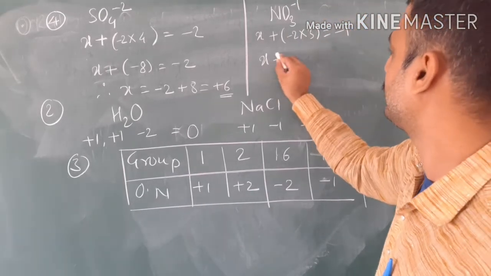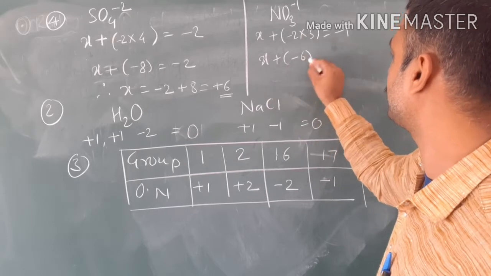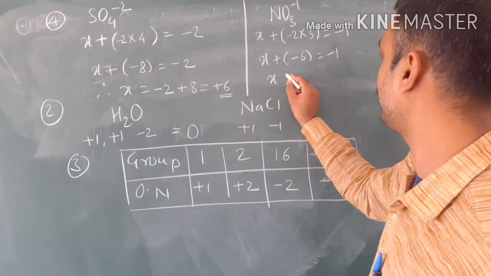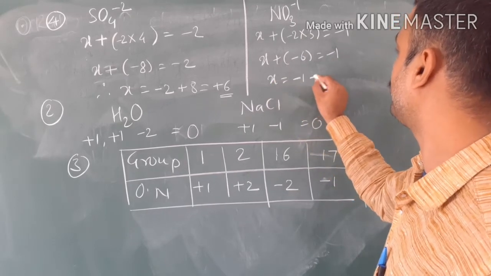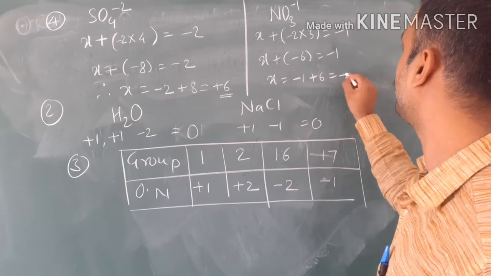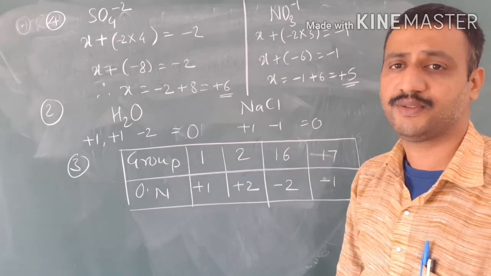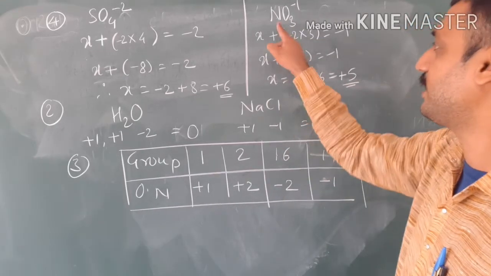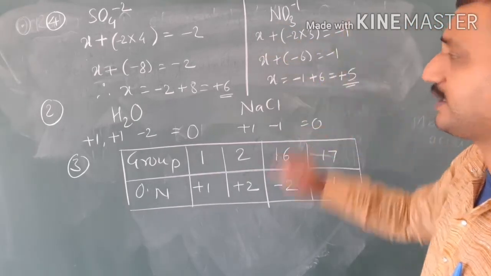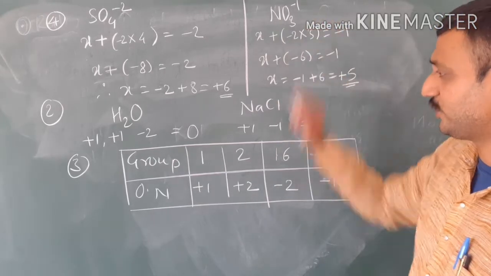So X plus 3 into -2, which is -6, is equal to -1. Therefore X equals -1 plus 6. The answer is +5, so the oxidation state of nitrogen here is +5. If you put +5 and -6, you get -1, which is the charge on that ion.